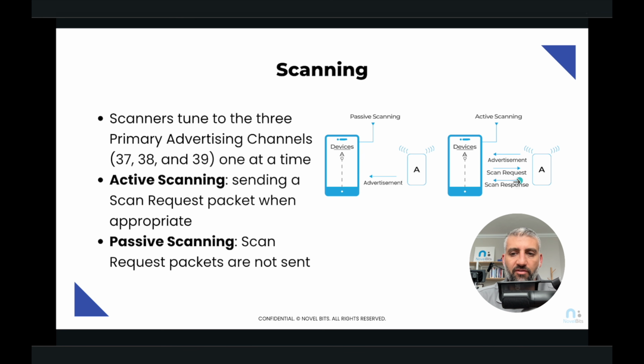These will most commonly have different data included in the packet, but it can be the same. It can be used to add additional data where you can't fit all the data in a single advertising packet. In the case of the scanner being in passive scanning mode, it's just going to receive the advertising packet and it won't send the scan request, even if the device is sending a scannable advertising packet.